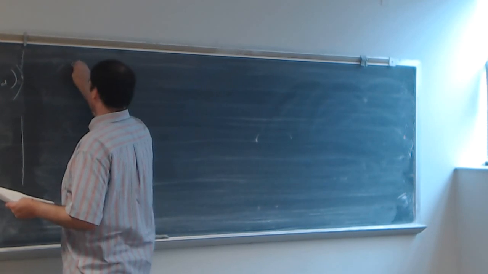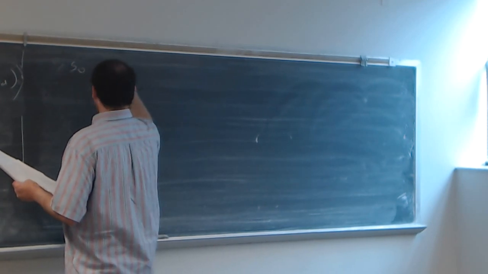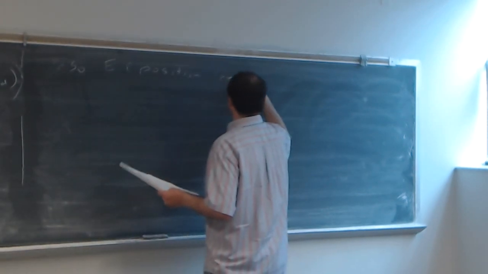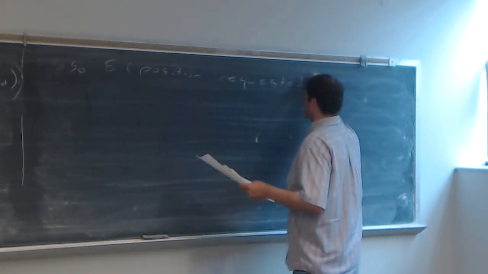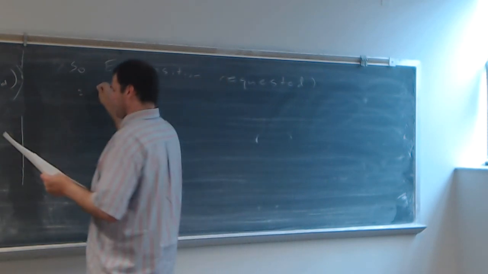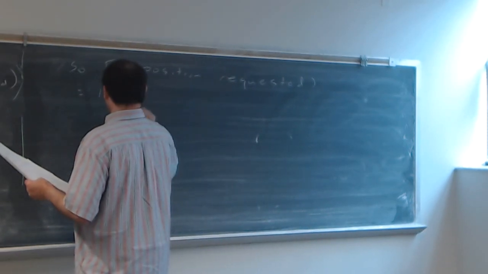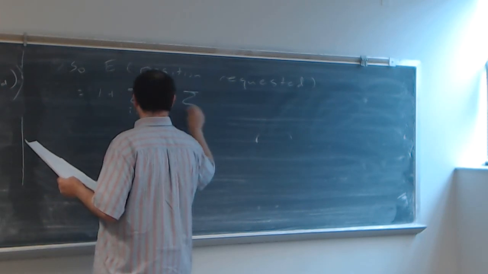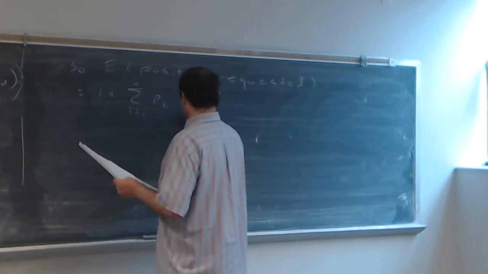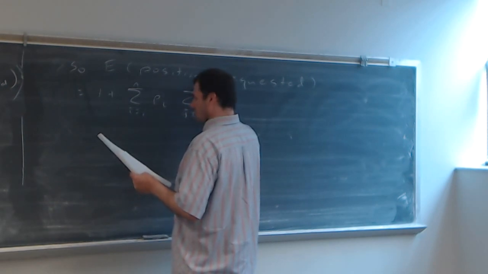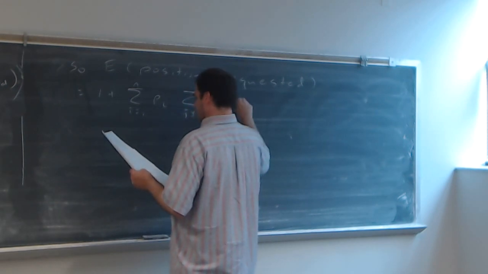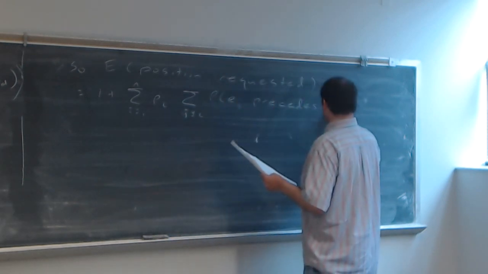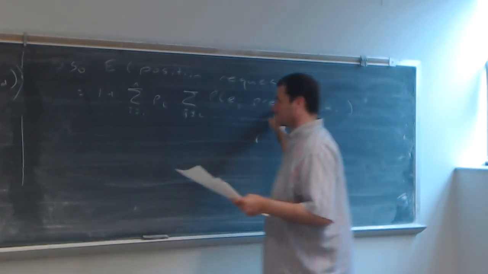So, we're almost done. The expected value of the position requested is equal to what we have: 1 plus the sum as I runs from 1 to n of p sub I, times the sum as j is different than I of the probability that e sub j precedes e sub I. We just calculated that.